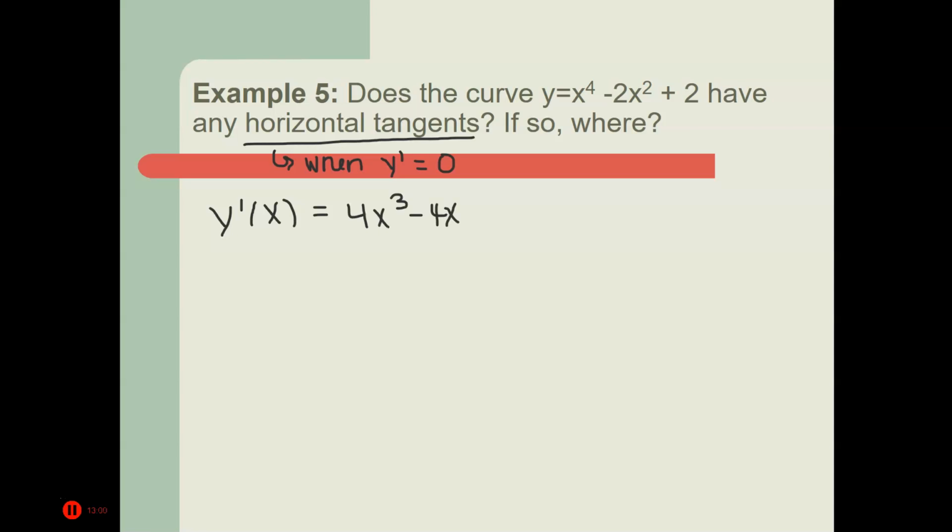And so now you have two choices. You can either take out your GCF and then set it equal to 0, or right away you can say, okay, the horizontal tangents will occur when this equals 0.